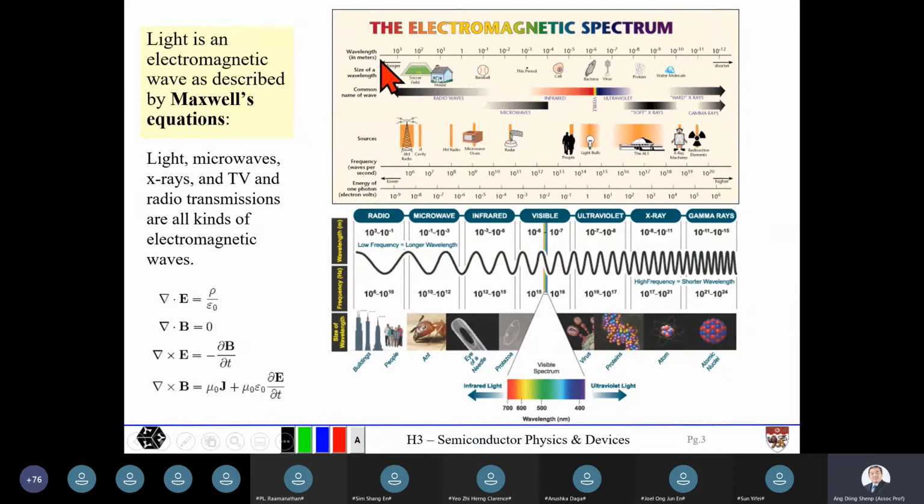If you look at the left side of the spectrum, the electromagnetic waves could have wavelengths as big as a soccer field or even a house like this. If you look at the right side of the spectrum, the electromagnetic waves have wavelengths on the order of the size of molecules or atoms, or even smaller, subatomic particles.